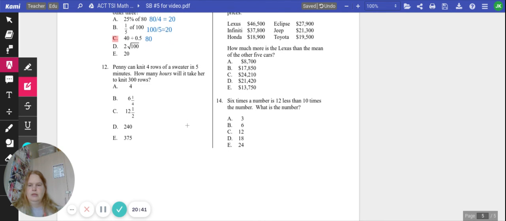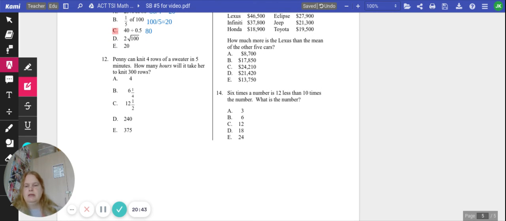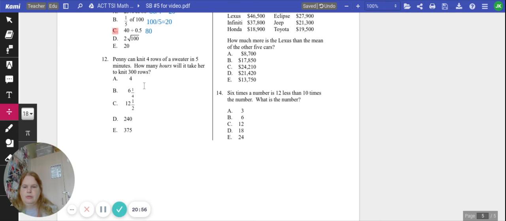All right, number 12. Penny here can knit 4 rows of a sweater in 5 minutes. How many hours is it going to take her to knit those 300 rows? Well, I'm going to set up a proportion. So she can do 4 rows in 5 minutes, and we want these in hours. That's 1/12 of an hour.